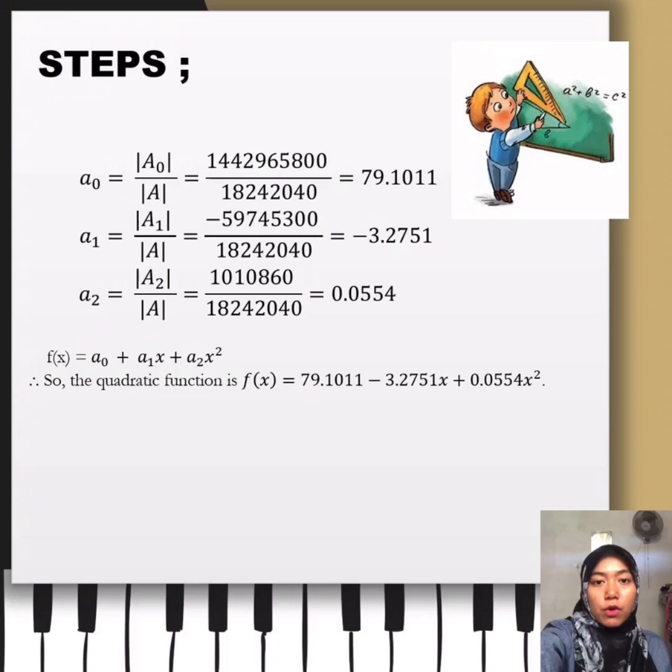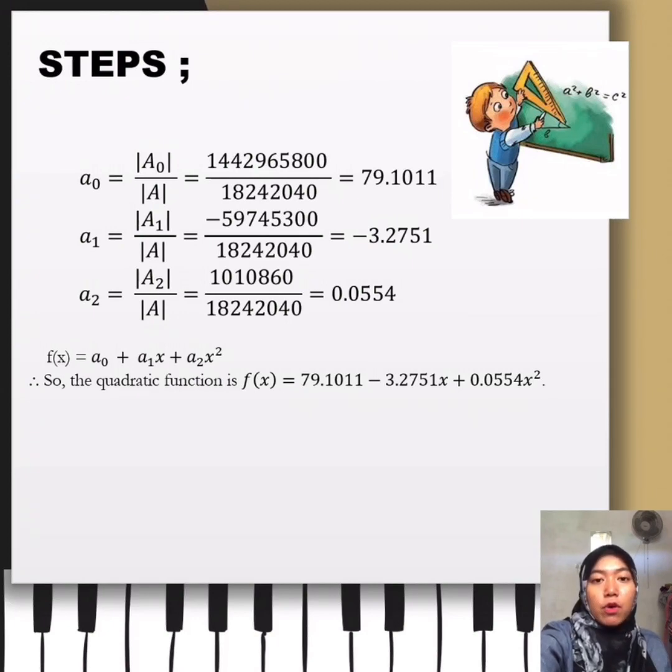The value of a0 is determinant A0 divided by determinant A, which gives 79.1011. For a1, determinant A1 divided by determinant A, we get negative 3.2751.